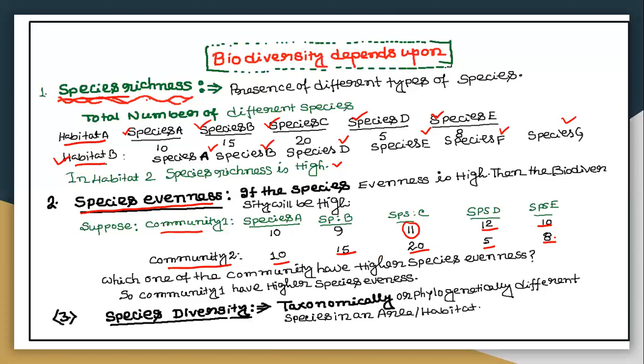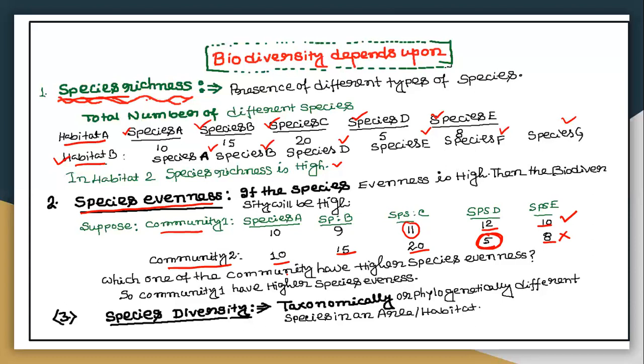Look at this. In community 1, the numbers 10, 9, 11, 12, and 10 differ by only 1 or 2, but in community 2 you can see differences of 5, 10, 15. So there is a large difference, so evenness is less in community 2 and species evenness is high in community 1.